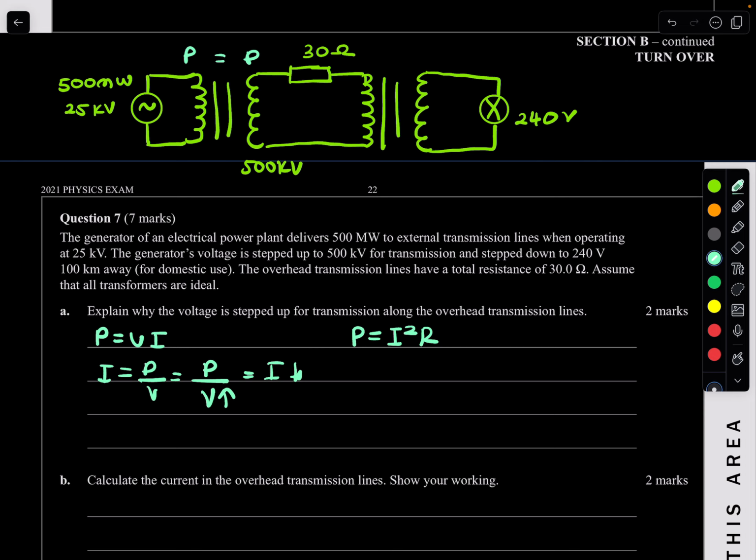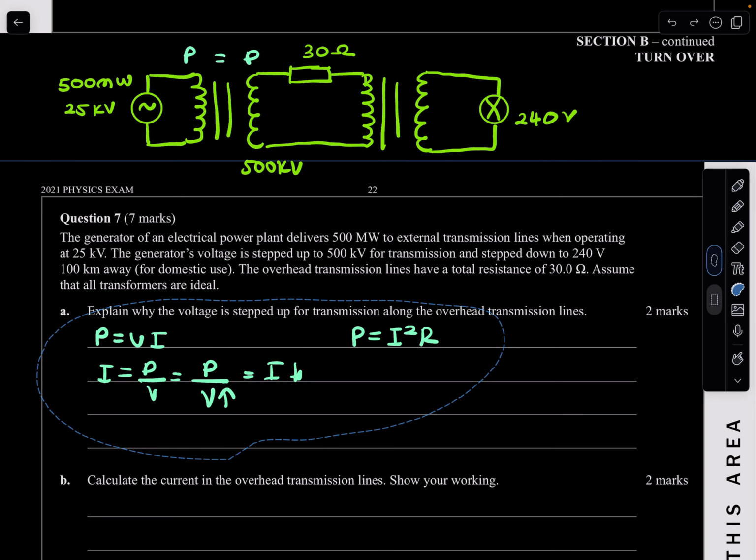Hence, overall, we step up the voltage because we want to decrease the current in those transmission lines, and hence we will decrease the power loss in those transmission lines. And so there will be more power for the other transformer, which again is also ideal. And so your domestic users have as much power as they want. At least it's not lost. That's the point. So, explain why the voltage is stepped up.